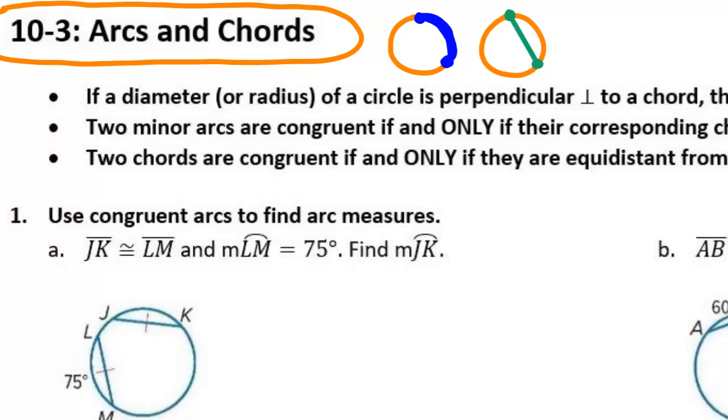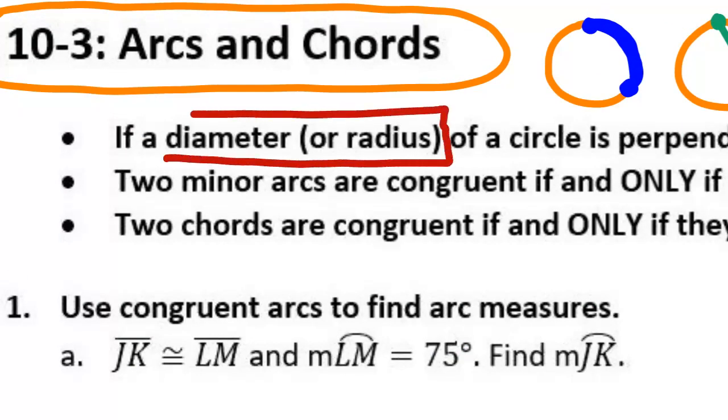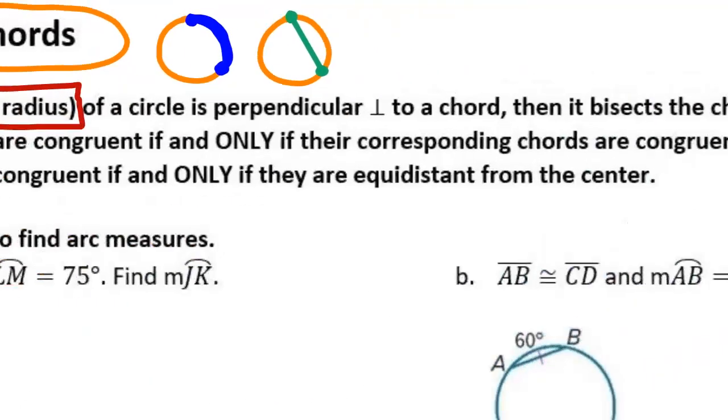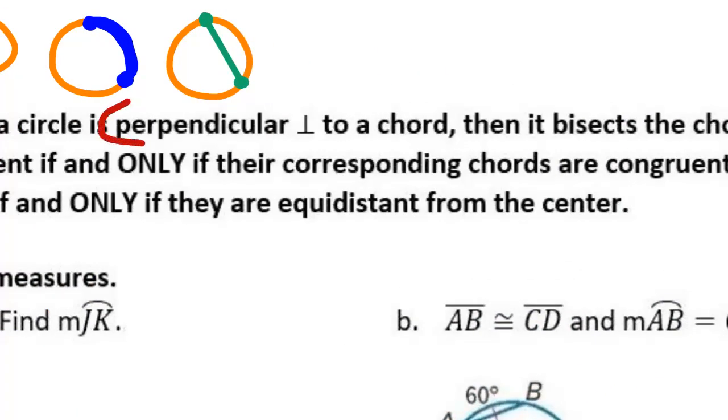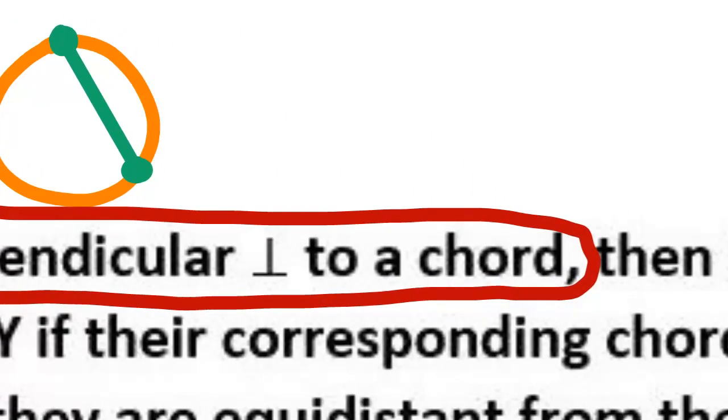The first thing that I want to talk about is if I have a diameter or a radius, and it is perpendicular to a chord. What does perpendicular mean? Perpendicular means what about these 2 pieces? They are intersecting, but it's very particular about how they're intersecting.